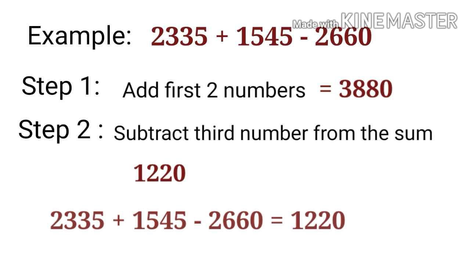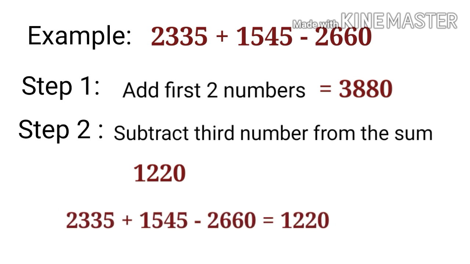Therefore, 2,335 plus 1,545 minus 2,660 is equal to 1,220. One more example.